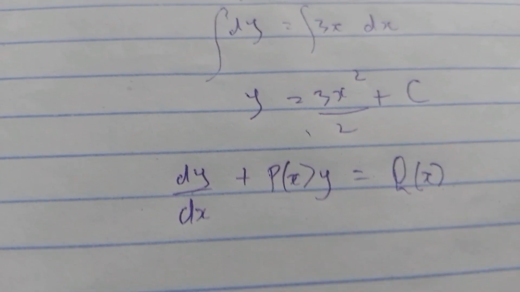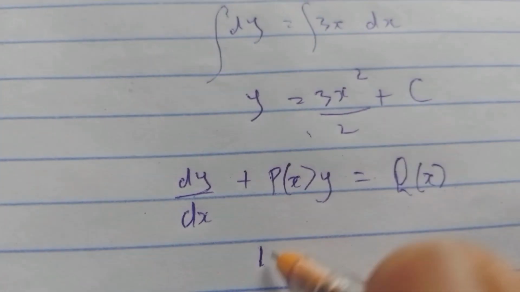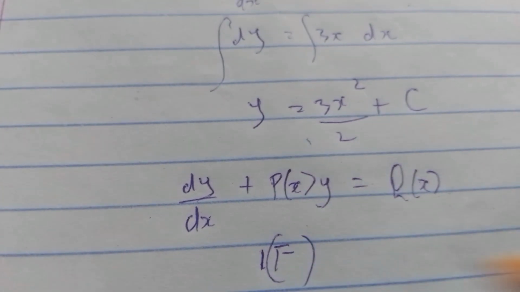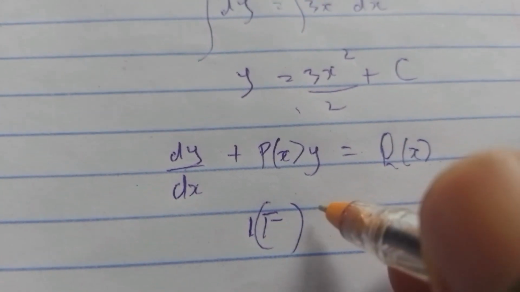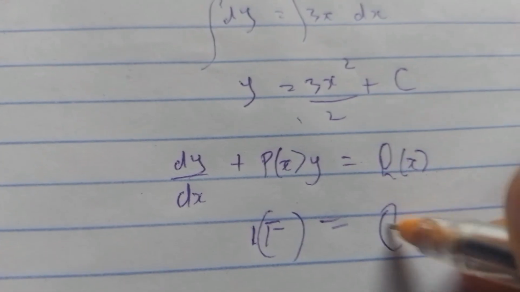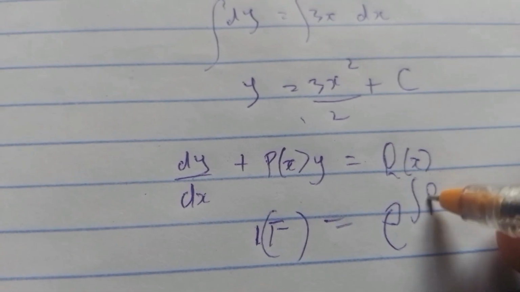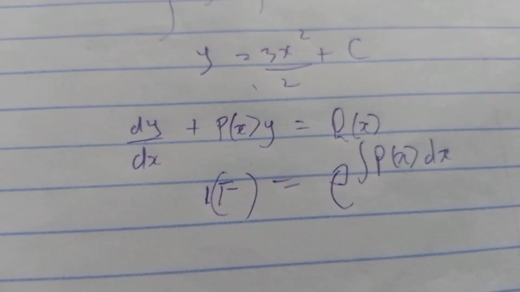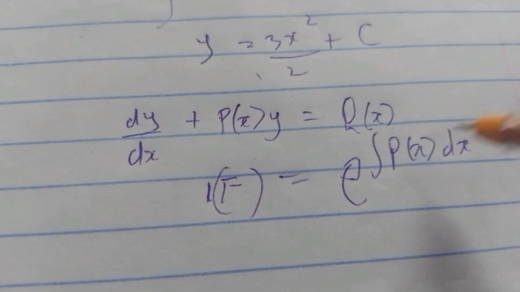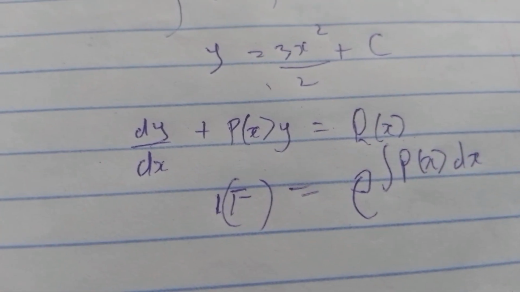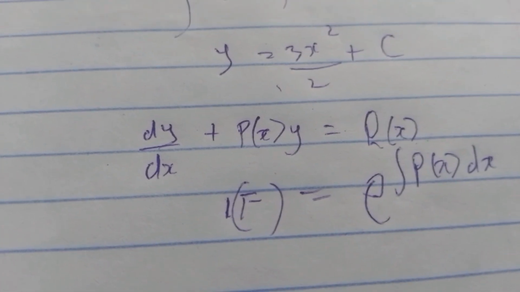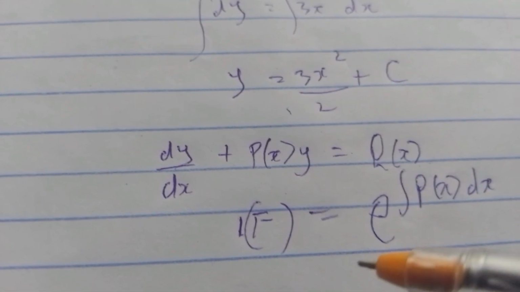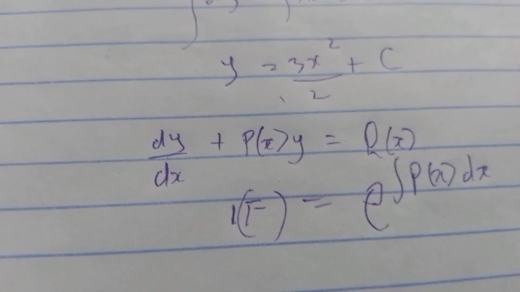Some of them is called the integrating factor. The integrating factor has a general formula of exponential integral of p of x dx. You must memorize this equation. So this is the general formula of the integrating factor.